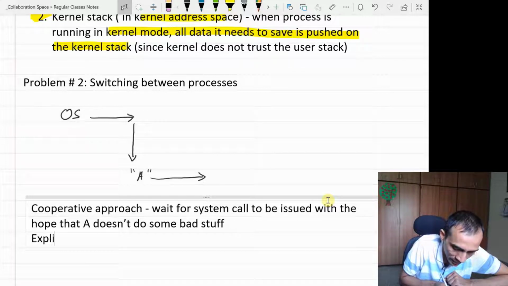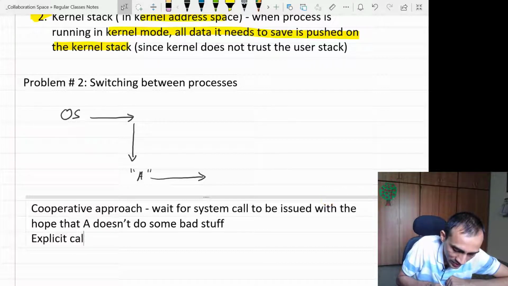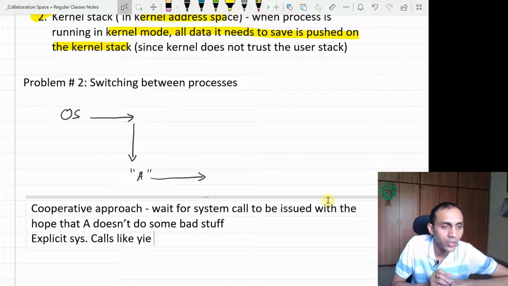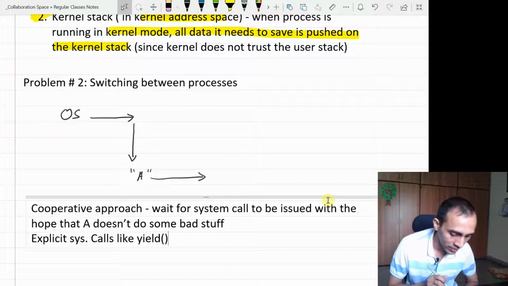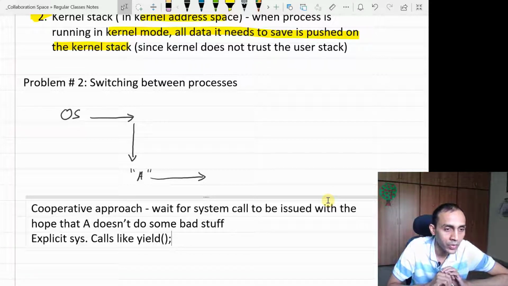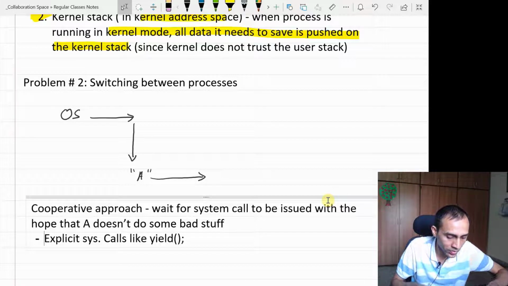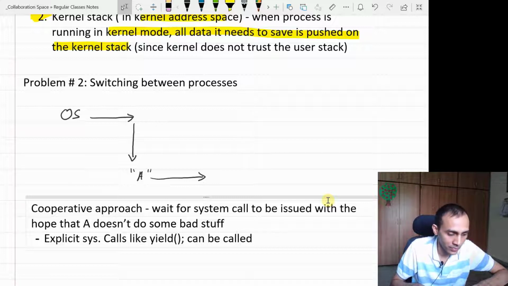Even if the process does not need to do some restricted operation, there was an explicit system call like yield. When a process calls this system call, it means the process wants to yield the control back to the OS. So this implicit trust was made by the OS, that the process is going to either issue some system call or yield itself.